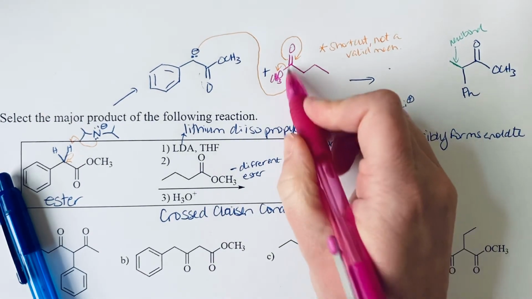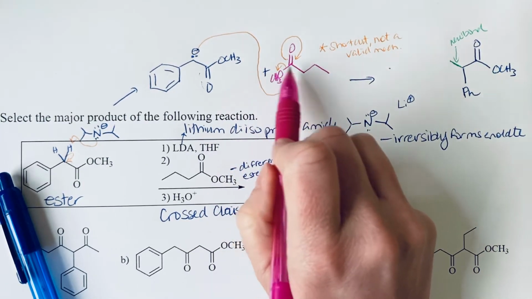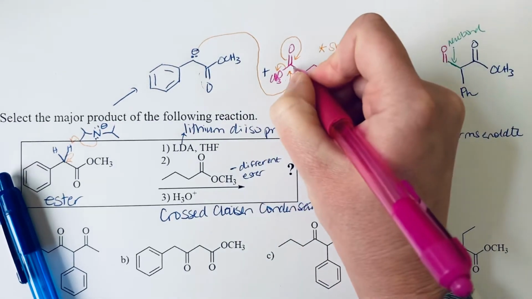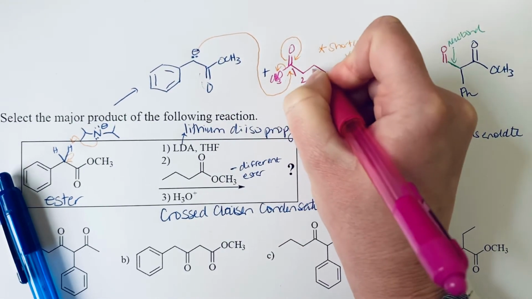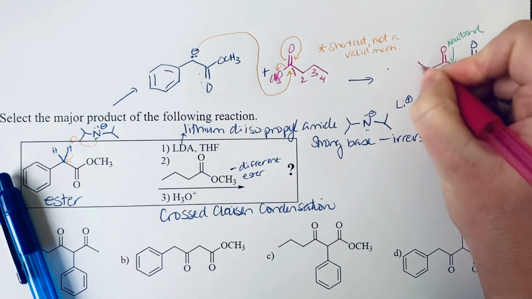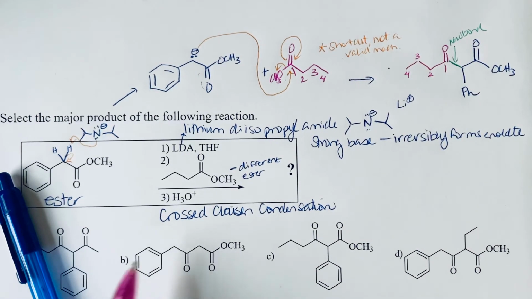And now what we're going to have left here is the ketone. The side that was attacked is no longer the ester because you lose that leaving group. So we're going to have the ketone, and let's count our carbon atoms here. We've got 1, 2, 3, 4 if we count from that ketone. And that will be our final product.